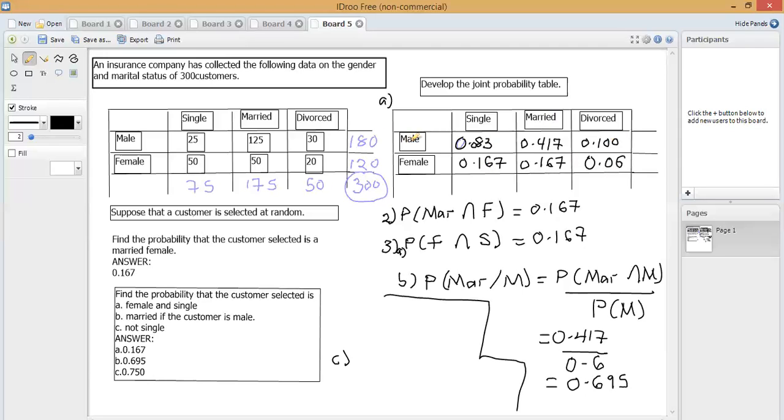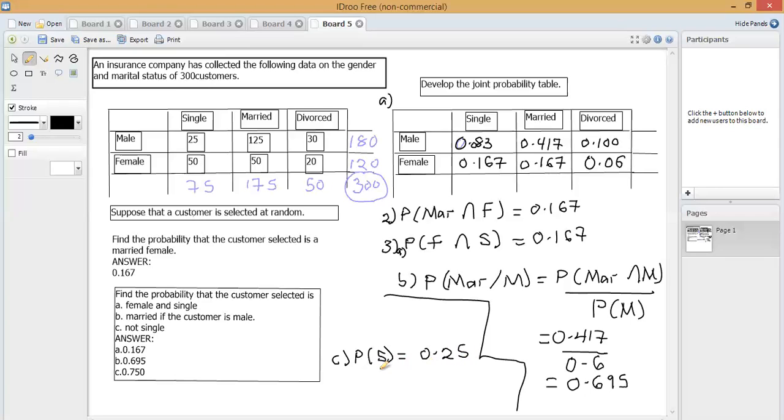This is the male row, female row. So single means it could be male or female. So you add this to this. So probability of single is equal to 0.083 plus 0.167, which is 0.25. This is probability of single.